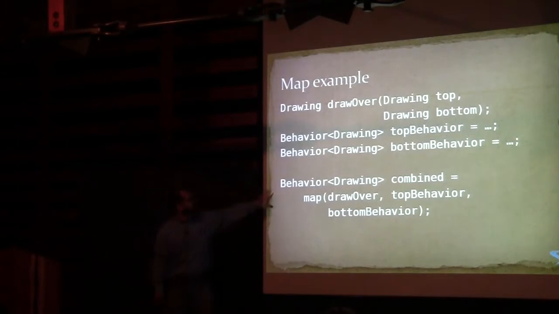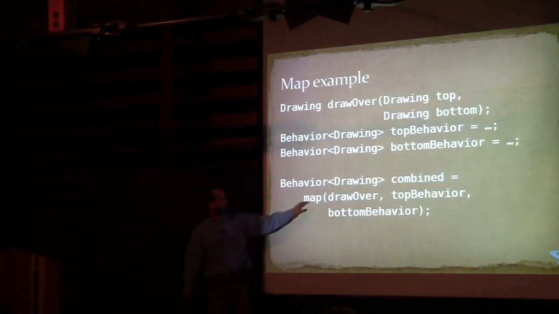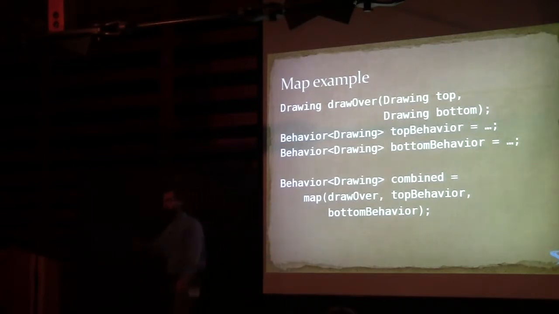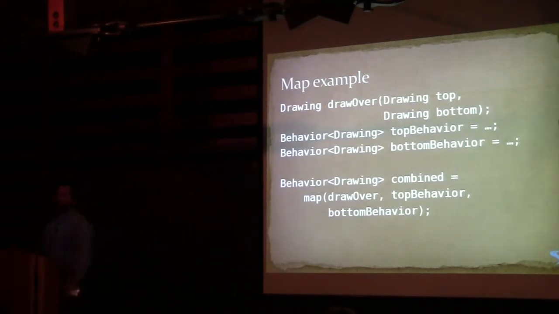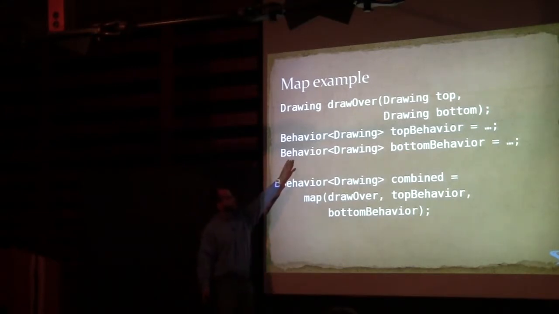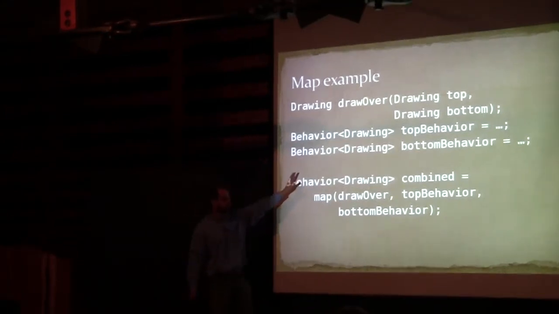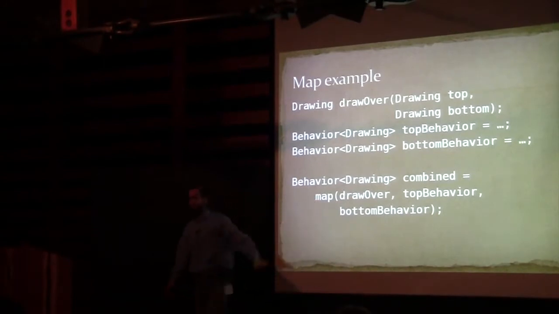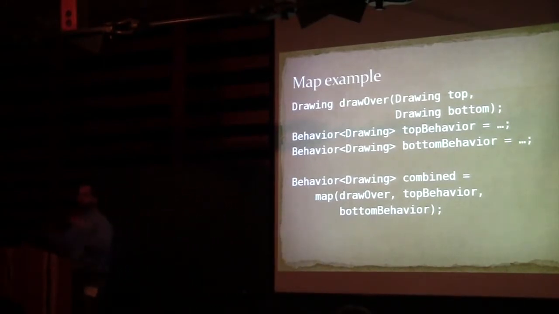So down here, we can combine these two with this map function. We're mapping the draw over with the top behavior on the bottom behavior. So at every point in time, the drawing on the top behavior is going to be on top of the bottom behavior's drawing. That's what the combined behavior is. So we're putting these things together.